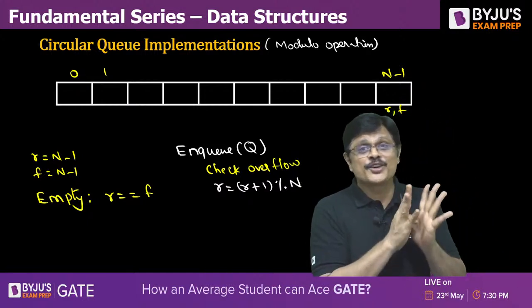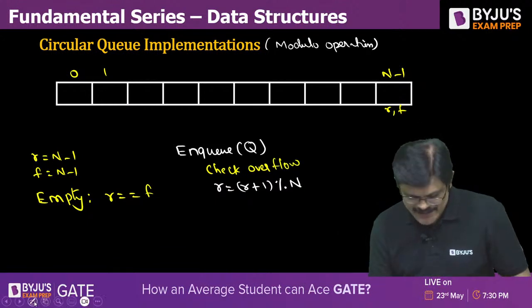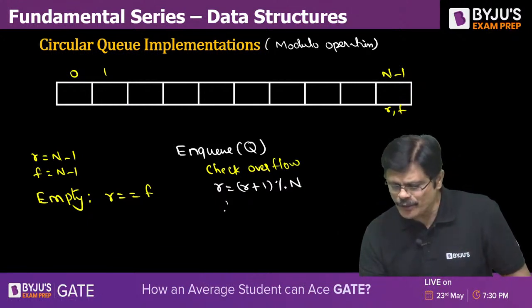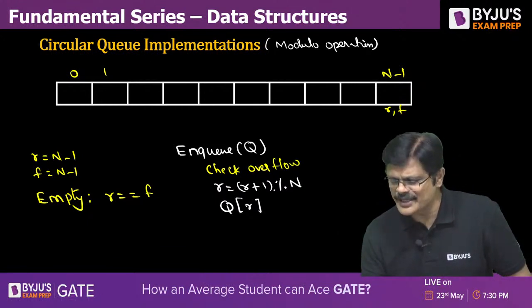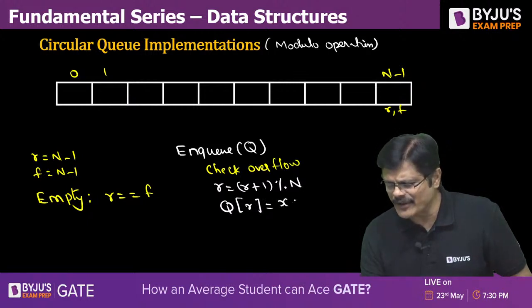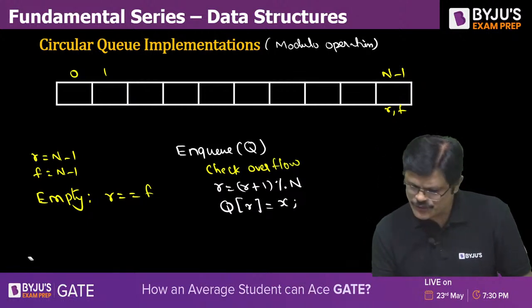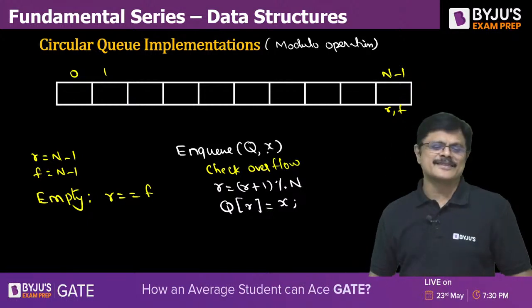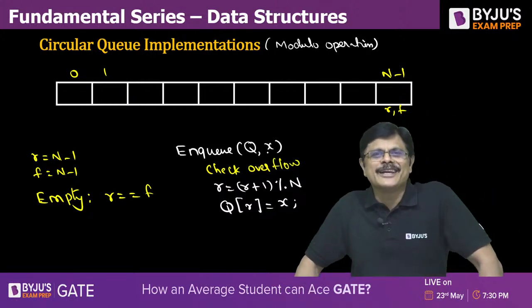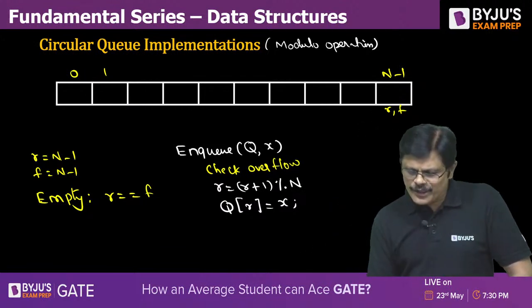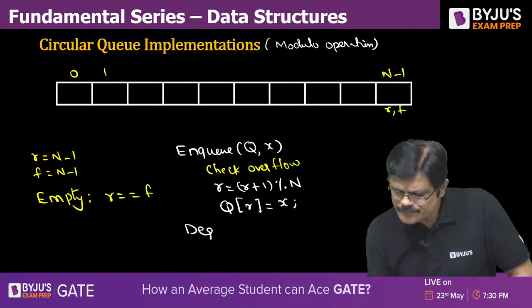Then at that particular index you insert whatever element you want. Suppose you want to insert x, you can happily insert. Then what about the DQ operation?